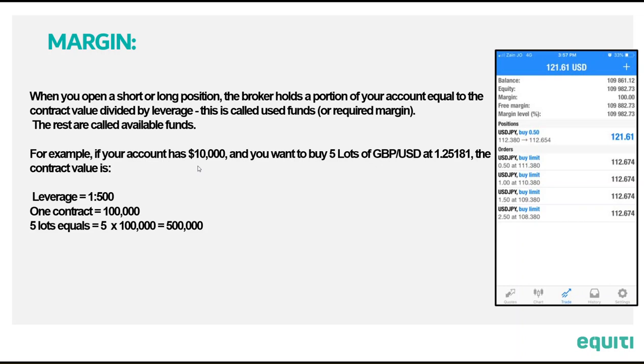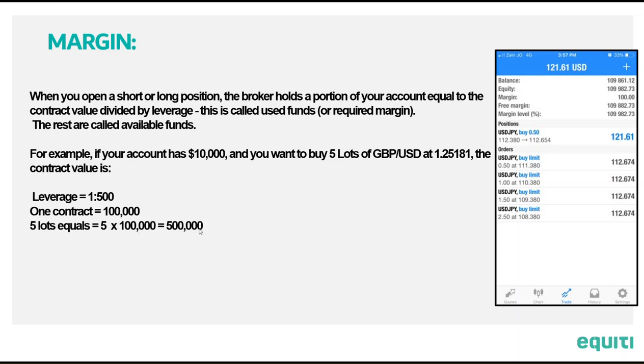So for example, if your account has $10,000 and you want to buy 5 lots of GBP/USD at 1.25181, the contract value is 500,000 because you are buying 5 lots, and one contract is 100,000, and 5 times 100,000 is 500,000.